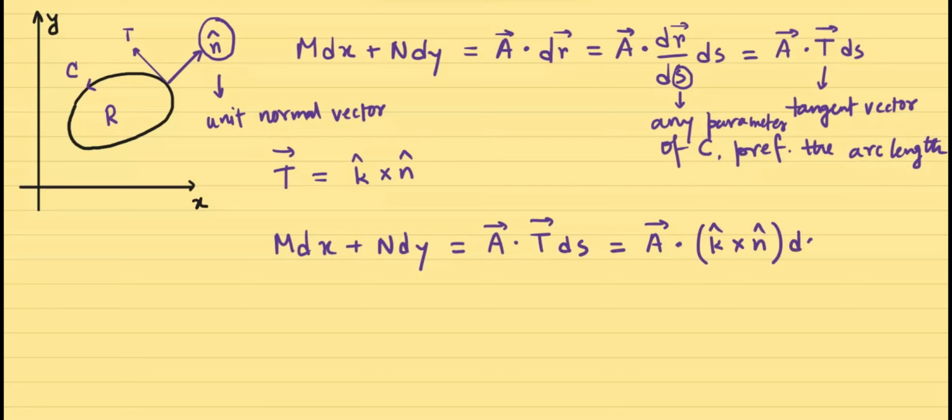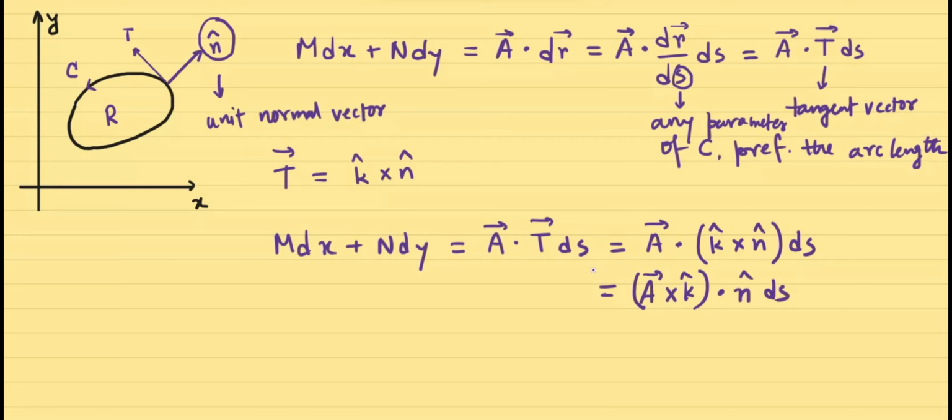But then we can see this to be a volume-like quantity, and in that case we know we can shuffle the quantities involved in writing down the volume. So instead of writing this, it is equivalent to writing A cross k and then taking the dot product with n hat.